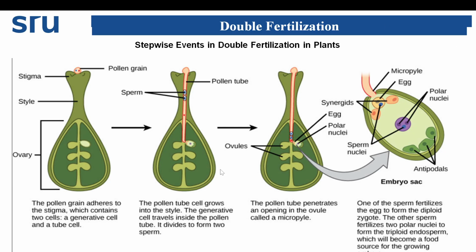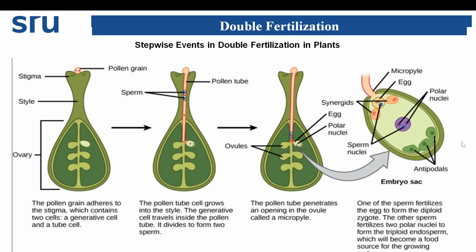So now, these are the stepwise events in double fertilization. See, these are the parts: this is the pollen grain, then the stigma and style, this complete part is the ovary, and these are the ovules. Inside the ovule are the egg and polar nuclei.